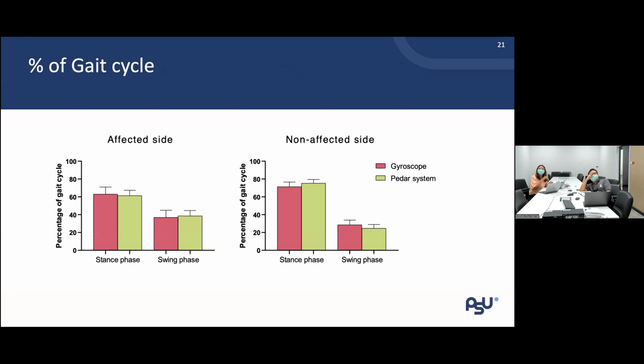Okay, from our last time that we discussed the percentage of gait cycle, this is the data from the gyroscope compared to the PIDA system. As you see, the time from the gyroscope is going the same way as the PIDA system, and there is no significant difference between the two systems.